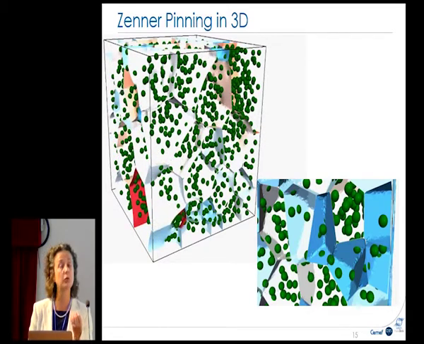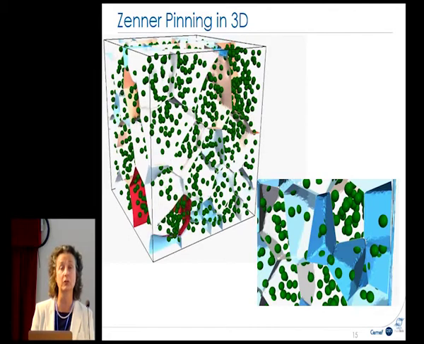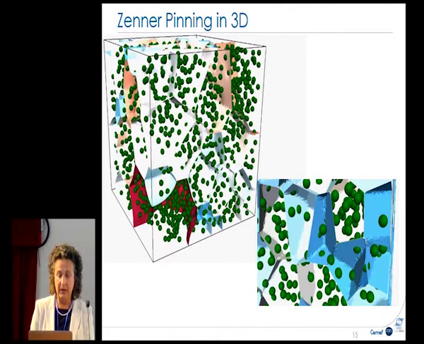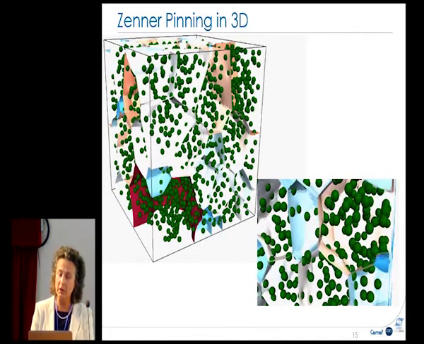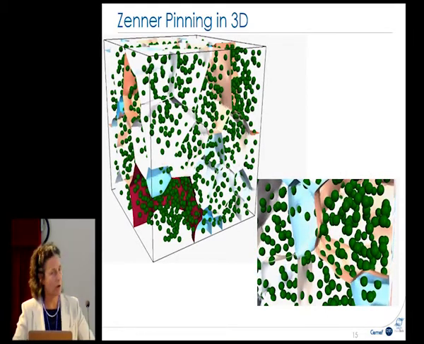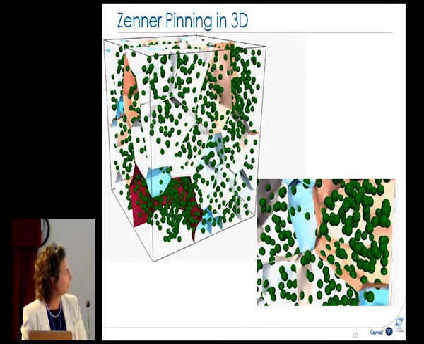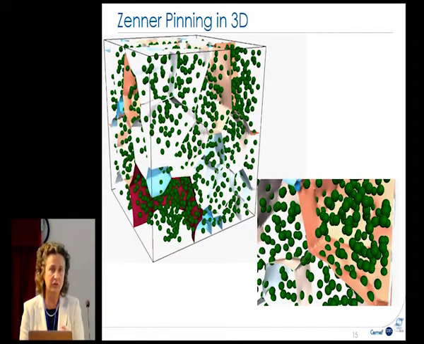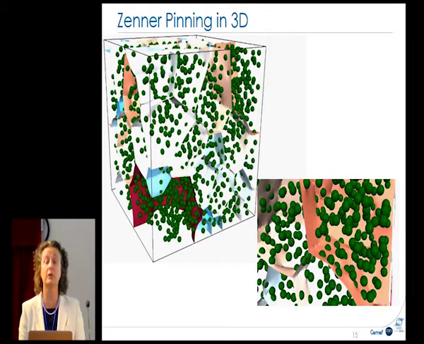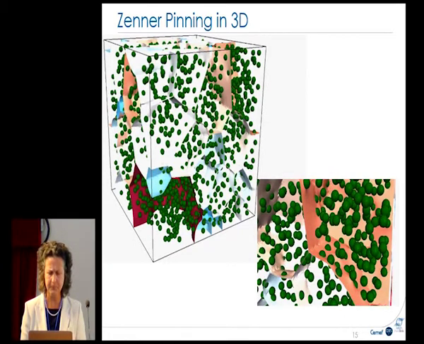Heat treatment is a good candidate to see the evolution of grains. You can see this evolution of grains, with a cut here in order to see that some grains occupy all the space. Some disappear, some blue ones disappear. It's just due to the equation we solved and the physical parameters we put into it.